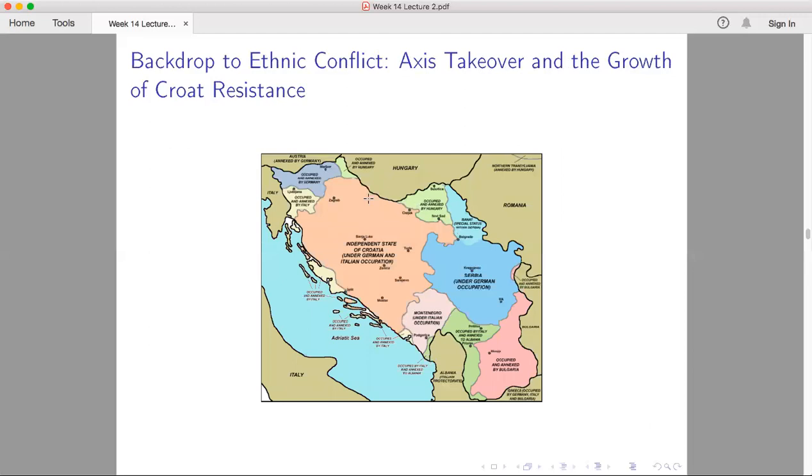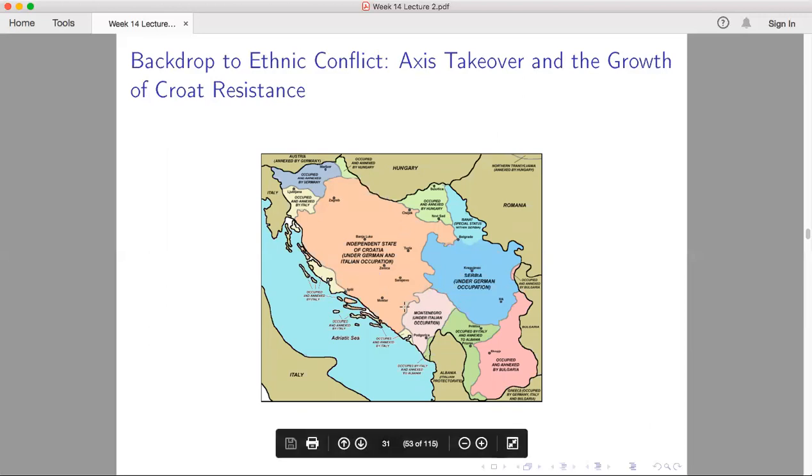Recall that before we did have independent kingdoms or states for different ethnicities, and they reinstated that policy. So again, we'll have a Serbian kingdom, an independent state of Croatia, one for Montenegrins, et cetera.